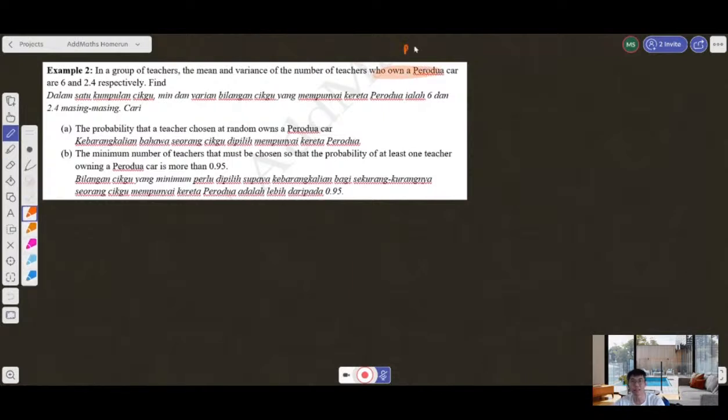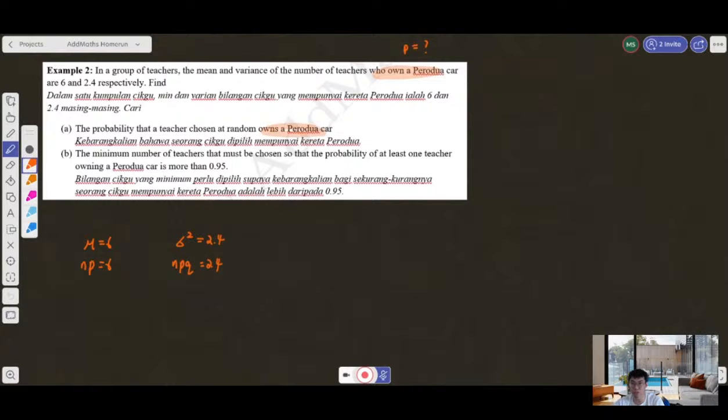I do not know the probability, but the mean is 6. The variance is 2.4. What is the formula of mean? NP equal to 6. What is the formula of variance? NPQ equal to 2.4. So they say find the probability that teacher own Permutation car.